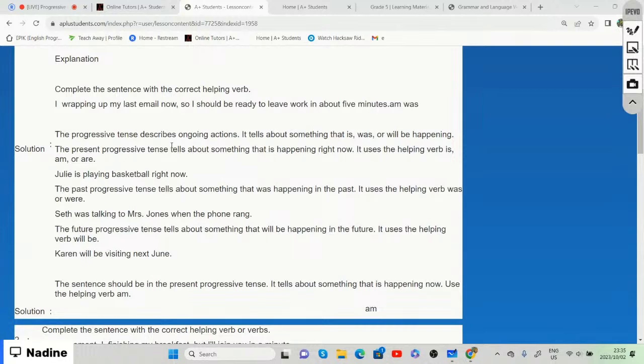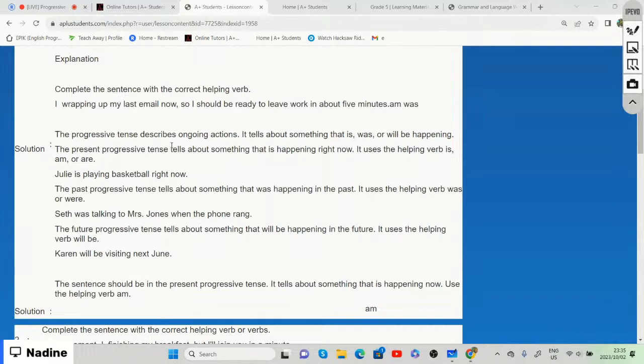And then we have the past progressive tense that tells us about something that was happening in the past, and it uses the helping verbs was or were. And then we have the future progressive tense that tells us about something that will be happening in the future.